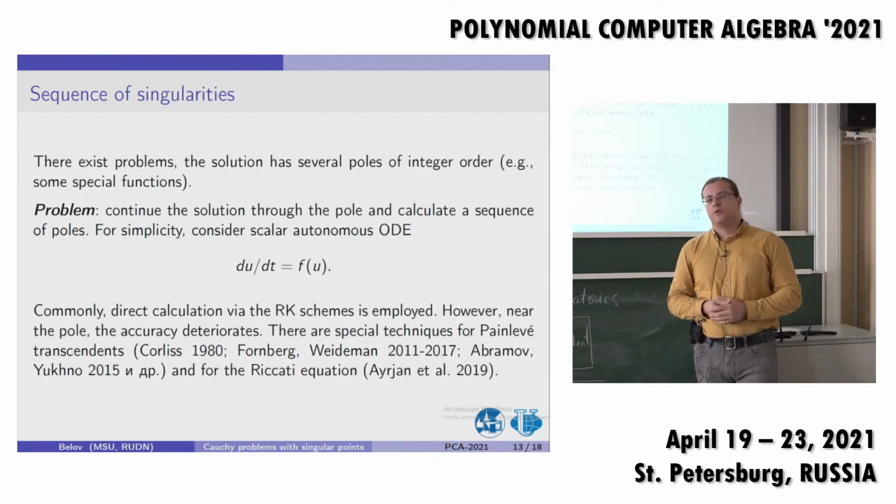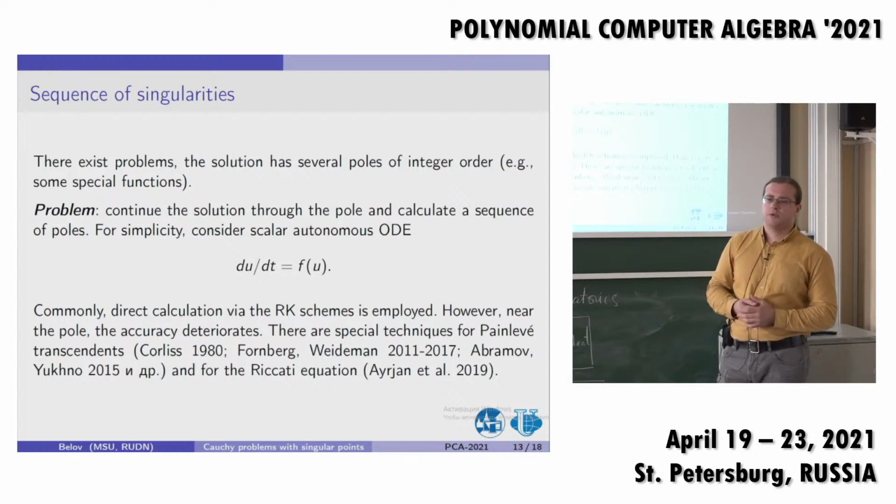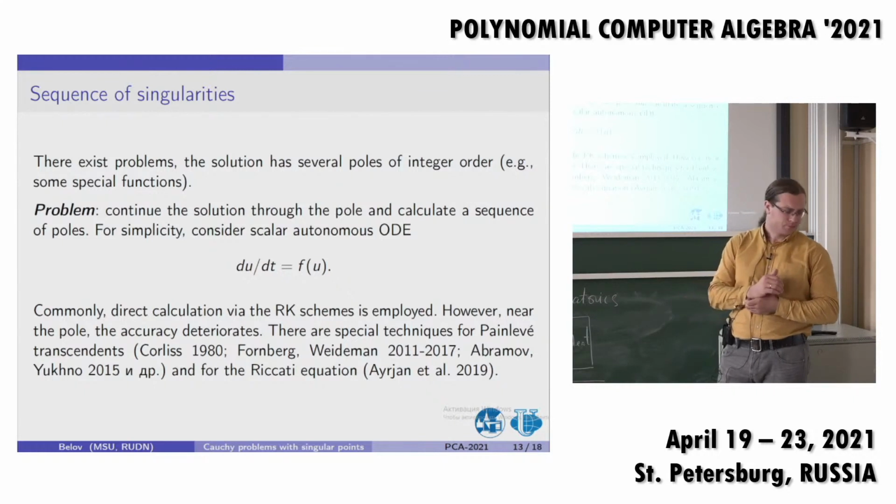Let us turn to the problem of a sequence of poles. There are such problems, especially in the theory of special functions, and the main focus is to calculate the solution before the pole, in the immediate vicinity of the pole, and to continue the solution through the pole.